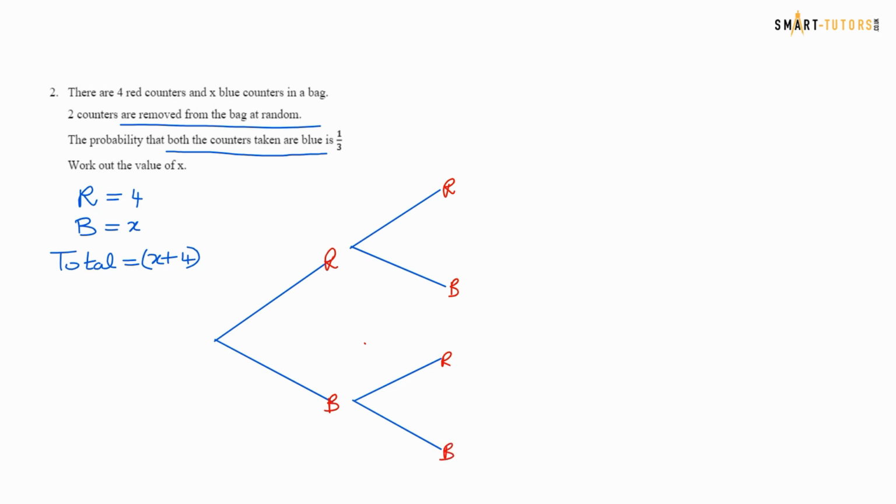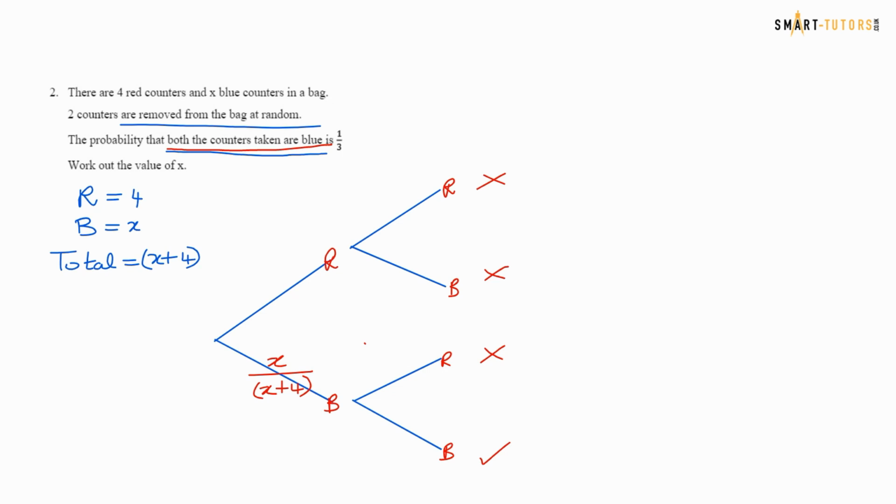Carefully understand, both counters are blue means I'm only worried about this section. Don't worry about filling up all of these. So the probability of blue is x counters, total is x plus 4. Right? This is the probability of the blue.